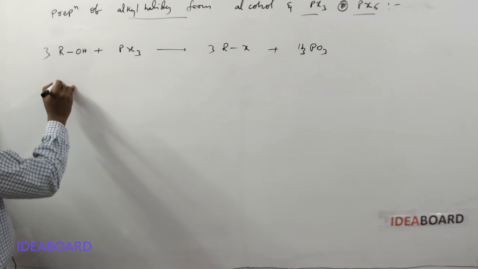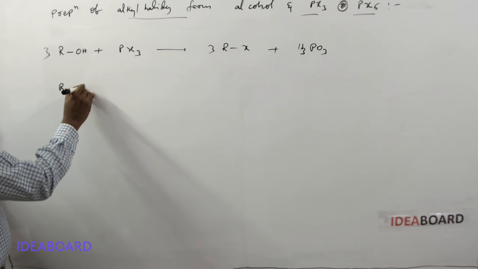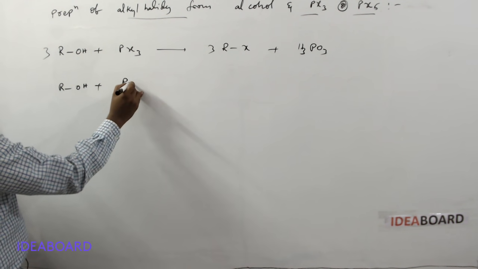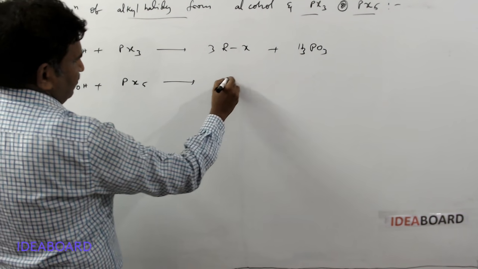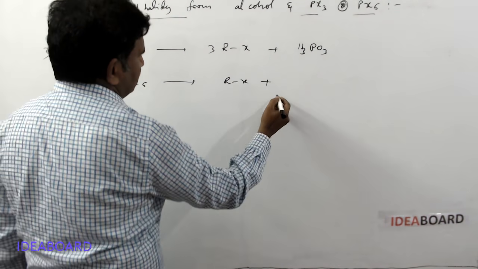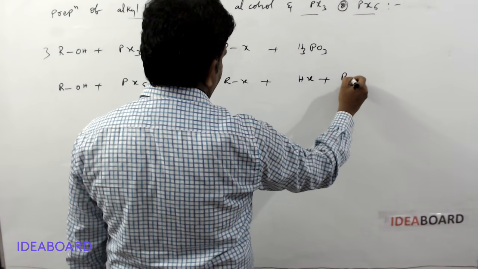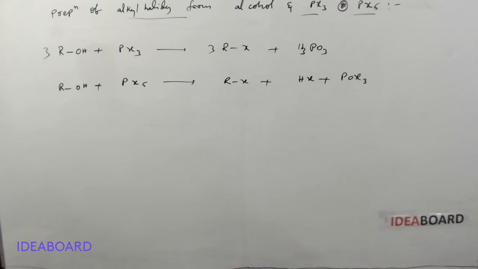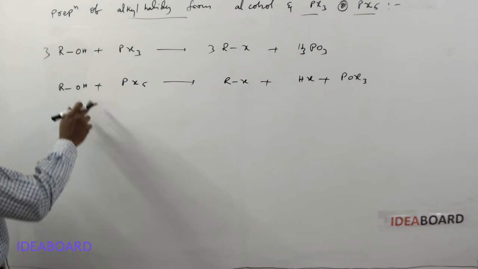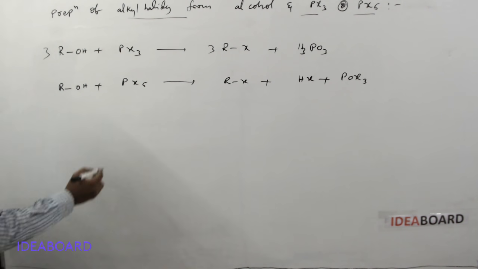Next, suppose you are taking ROH plus PX5, then it forms RX plus HX plus POX3. So this is the reaction of alcohol ROH with phosphorus pentahalide.